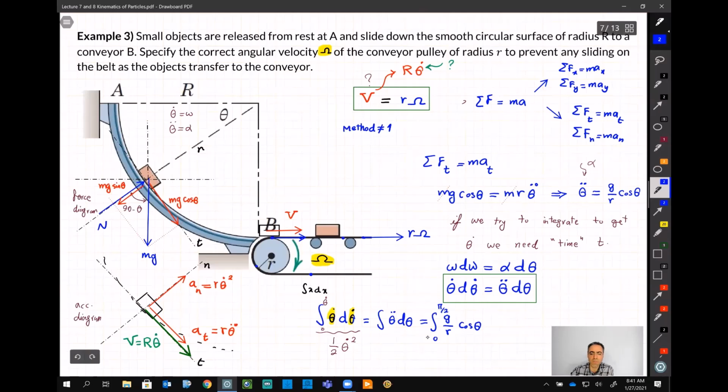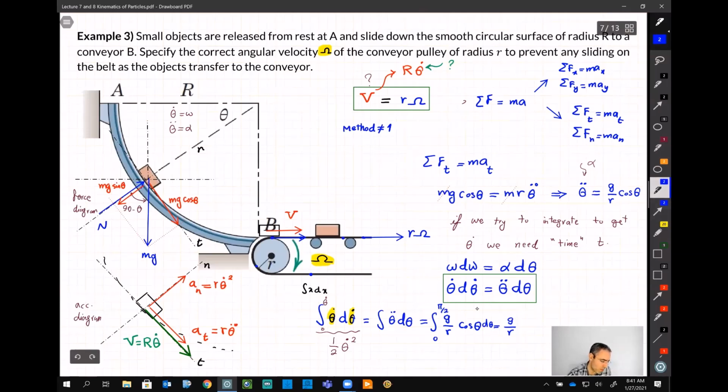So we start from 0 and need to know what happens when we get to theta equal 90 degrees, pi over 2. If I do the integral, g and r are constant, and the integral of cosine theta d theta becomes sine theta, which is 0 at 0 and 1 at 90 degrees.